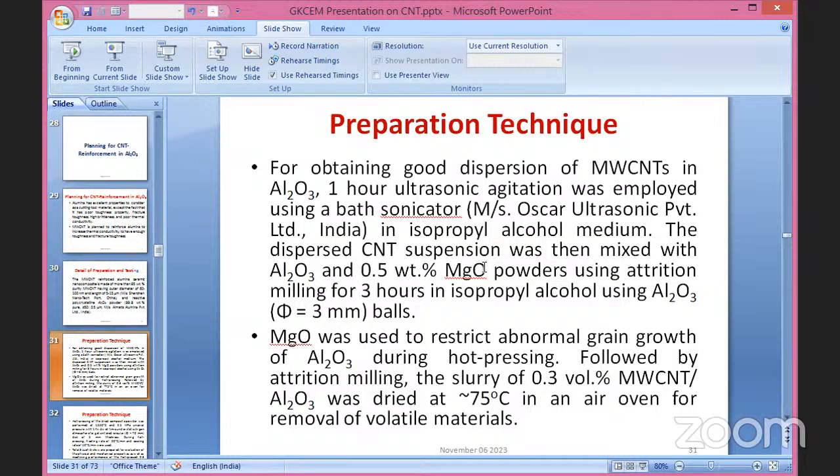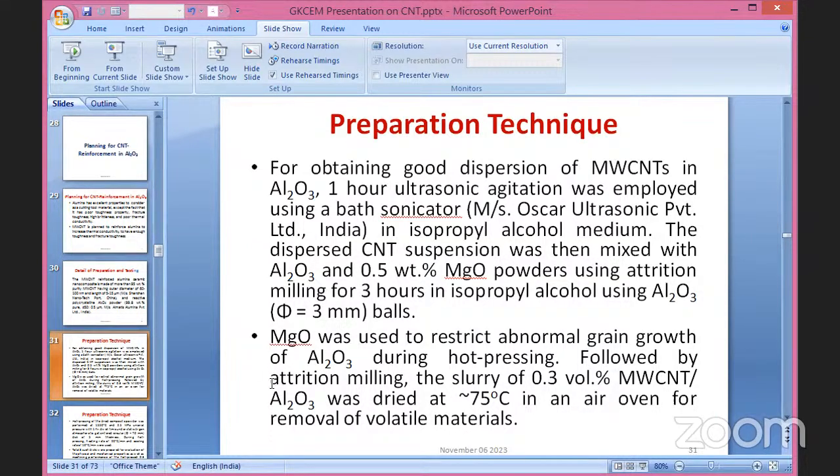The idea is that there should not be any agglomeration. At no point should it be only alumina, and at no other point only multi-walled carbon nanotubes. It should be very well mixed, as homogeneous as possible. That is the trial. And magnesium oxide was used to restrict abnormal grain growth of alumina during hot pressing.